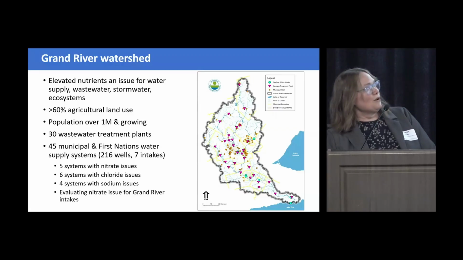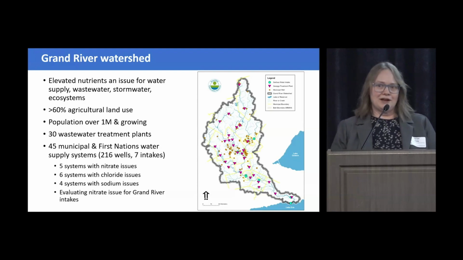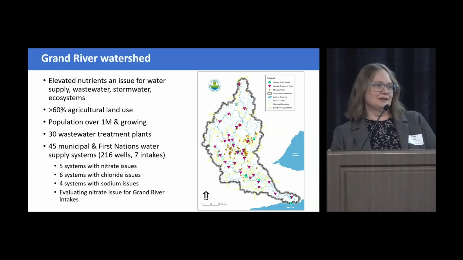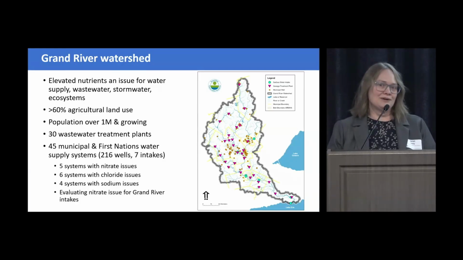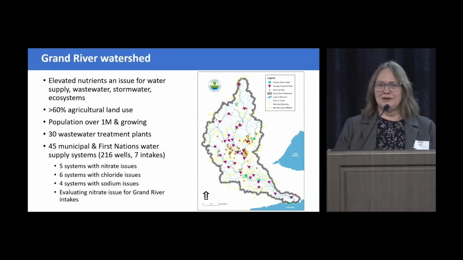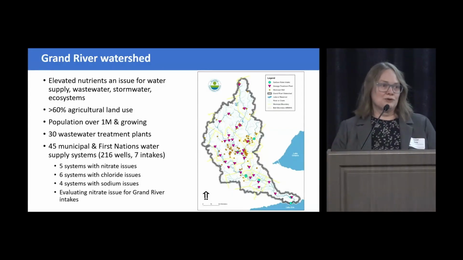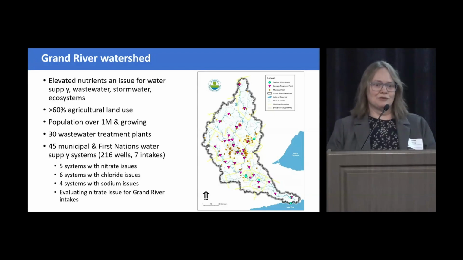So I'm going to talk more about watershed scale, and hopefully this isn't blasphemy at a geoscience forum, but I'm going to talk a little bit about groundwater and surface water, because particularly when it comes to nutrients and nitrate in particular, you can't separate those two issues in our watershed and meaningfully talk about their impacts on our communities, in particular on our municipal drinking water systems and our wastewater treatment plants and stormwater management systems. So I'm firmly wearing the practitioner hat here, which is maybe a bit of a different perspective as well.